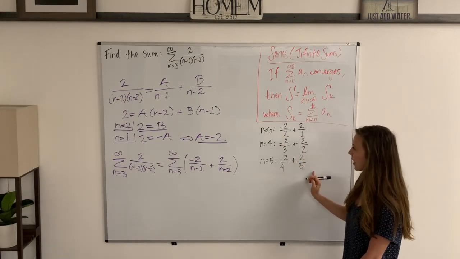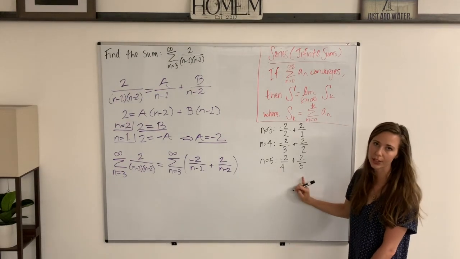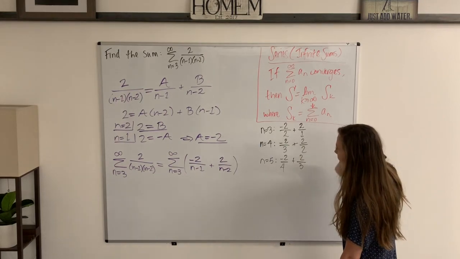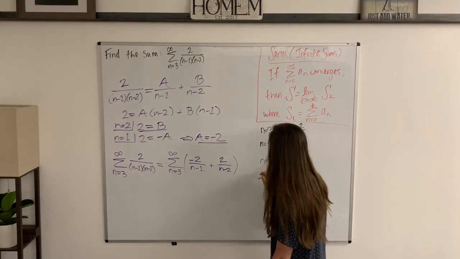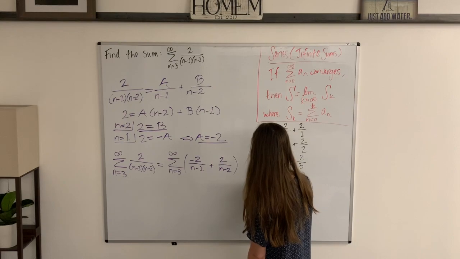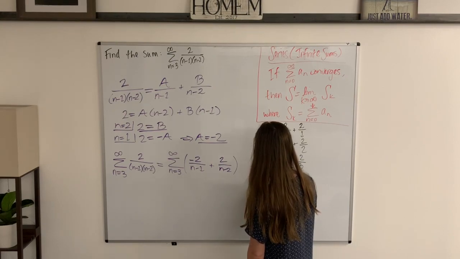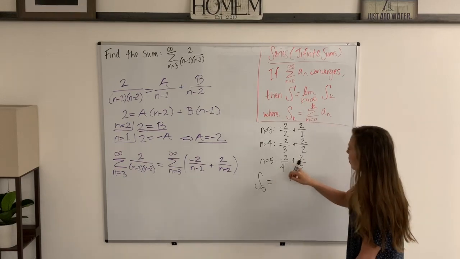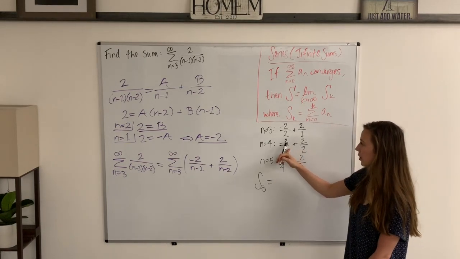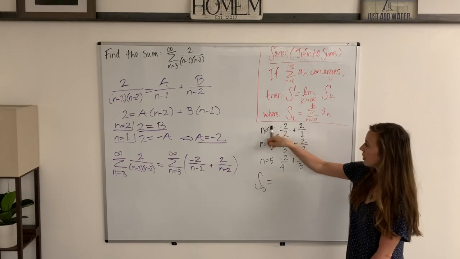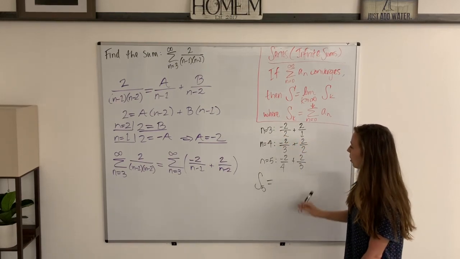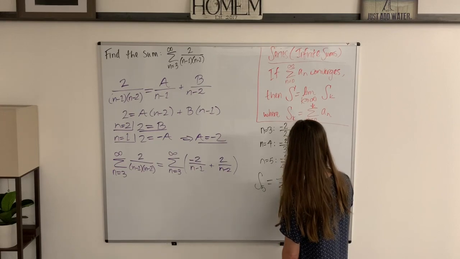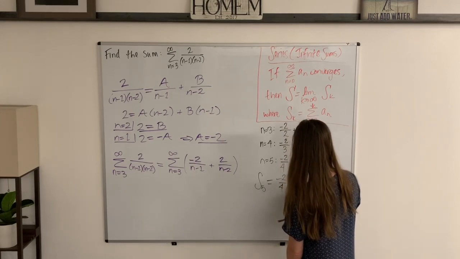And we can kind of see here that this is starting to telescope, like in the last example. And so if we look at the fifth partial sum, s sub 5, then that's going to equal, 2/3 and negative 2/3 cancel, 2 over 2 and negative 2 over 2 cancel, and so what we have is negative 2 over 4 plus 2 over 1.